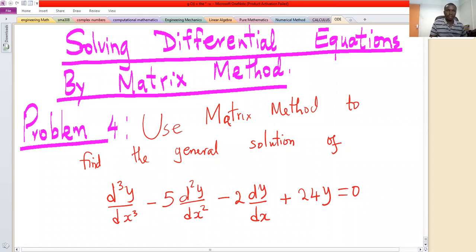What we have to start by is to reduce this cubic, or third order, differential equation into a system of first order differential equations.